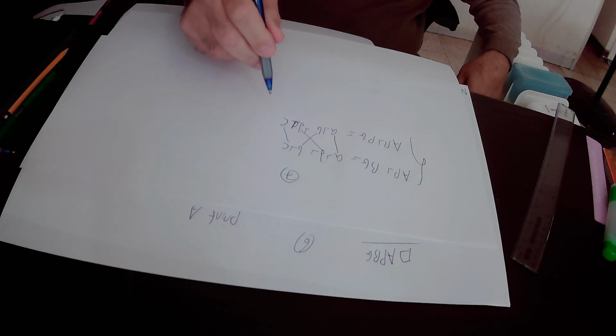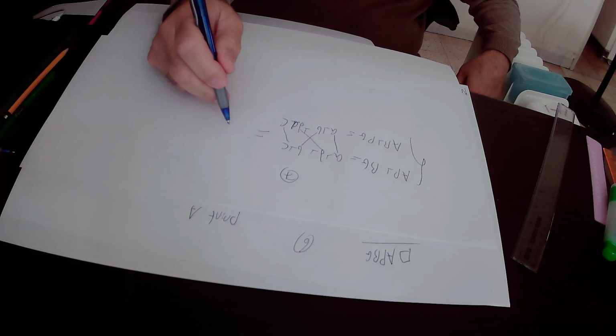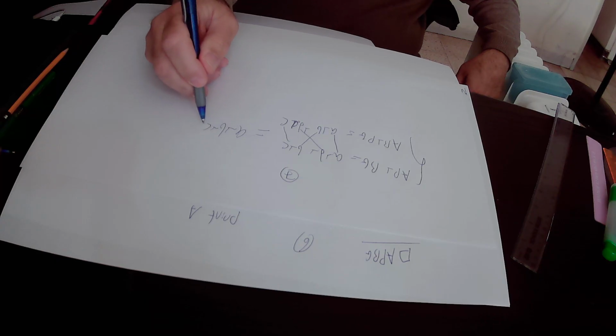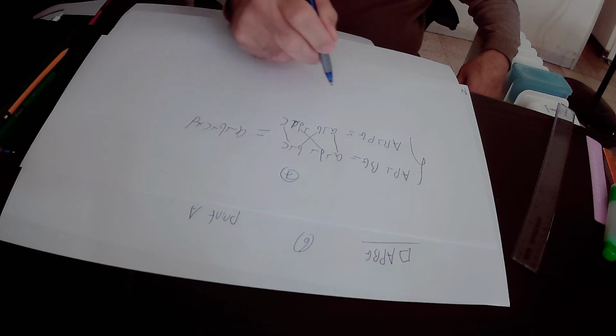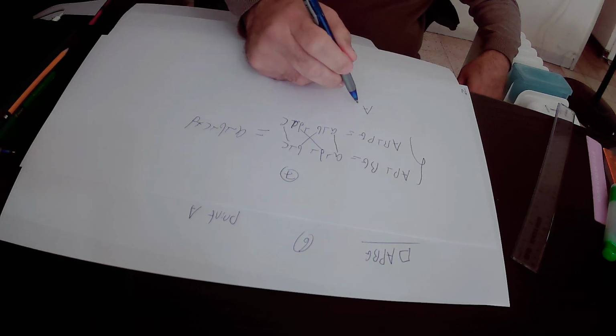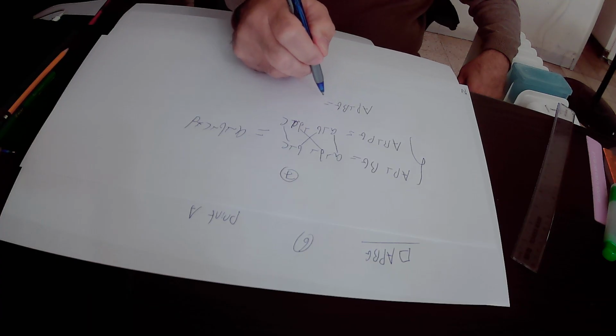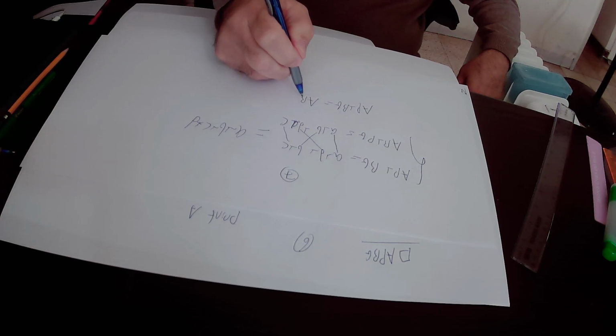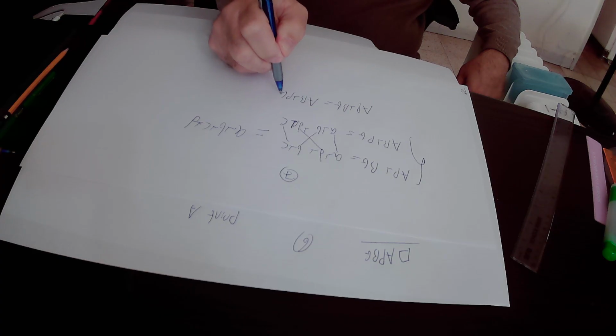Why? Because both sides are equal to A plus B plus C plus D, therefore they are equal to each other. So write it down: side AP plus side BG equals side AB plus side PG.